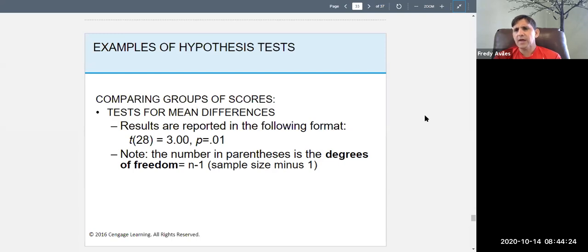I will tell you though that when we do this in Excel or in Google Sheets, we're not going to find the actual t-value. There is a way to do it, I believe, in Excel. I don't know if you can do it in Google Sheets. But what I'm going to show you is a little bit different.